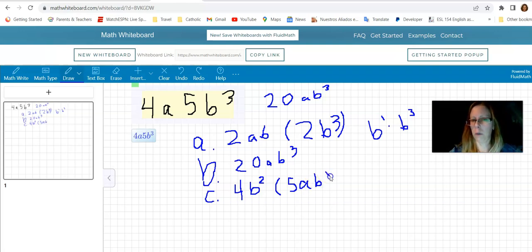Okay, so we have 4 times 5, which is 20. So far that's good. Okay, we have a, so that's good. We have b squared times b. Remember that when we multiply exponents, we actually add them. So b squared times b to the first power, the first power is implied, would be b cubed, b to the third power. So see, this would also be equivalent.